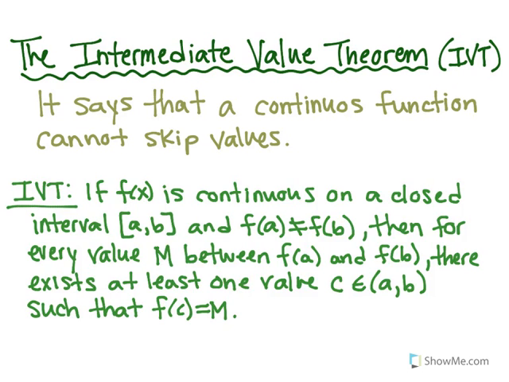So here is our big proper definition of the Intermediate Value Theorem. It says if f of x is continuous on a closed interval from a to b, and f of a is not equal to f of b, in other words, their y values are different, then for every value m between those y values, f of a and f of b, there exists at least one value c, that's what we're going to call it, within that interval ab, such that f of c, so the y value at that c, is equal to one of those m's.